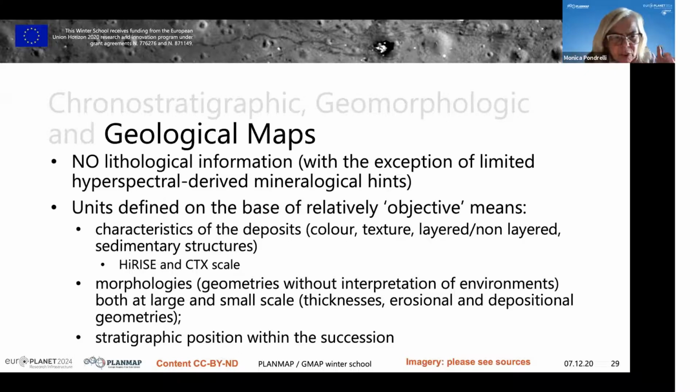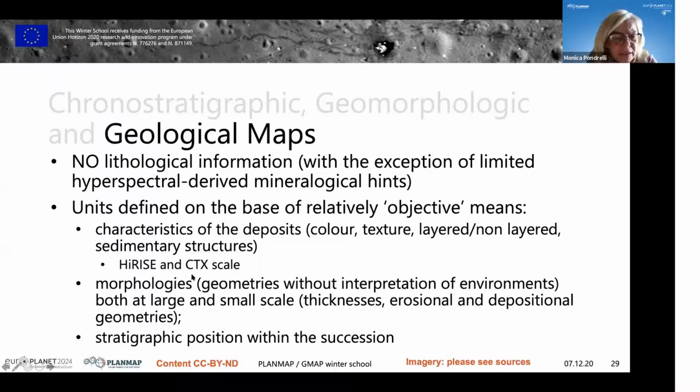Mars is easier because we have higher resolution data than for other planets. You need to define units on the basis of as objective characteristics as possible, such as the color, the texture, the fact that they are layered or non-layered, whether there are sedimentary structures or not, which kind, at all scales.